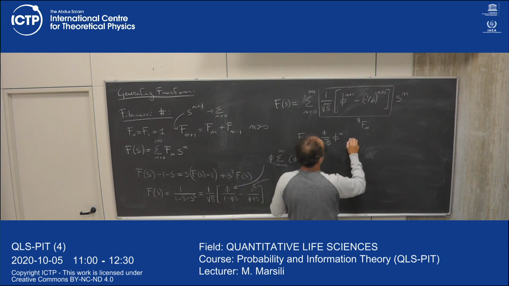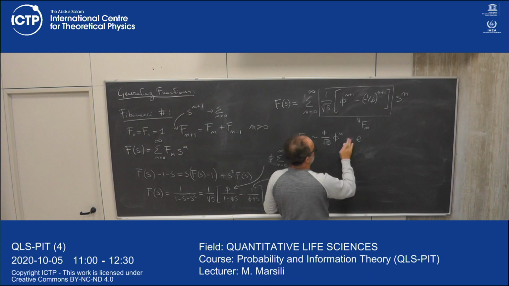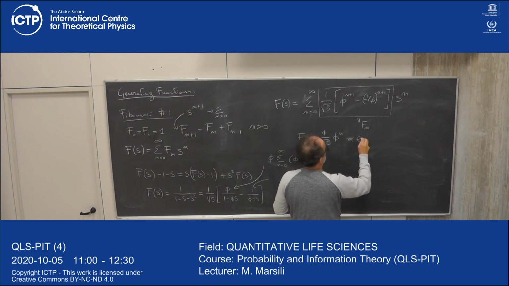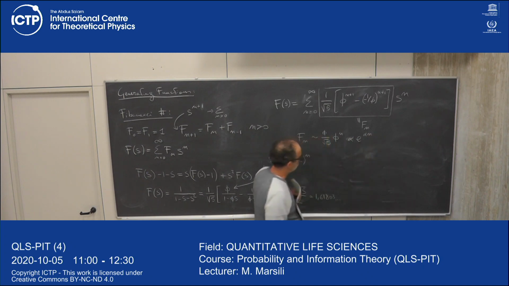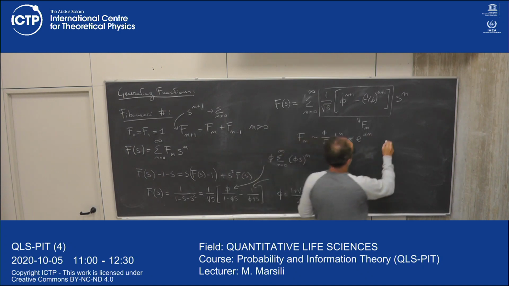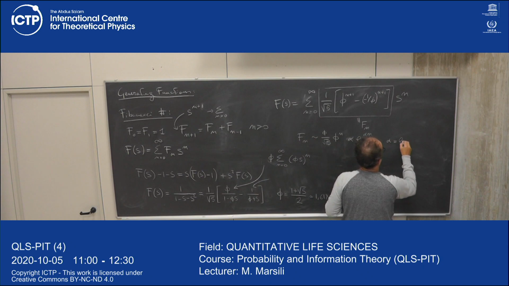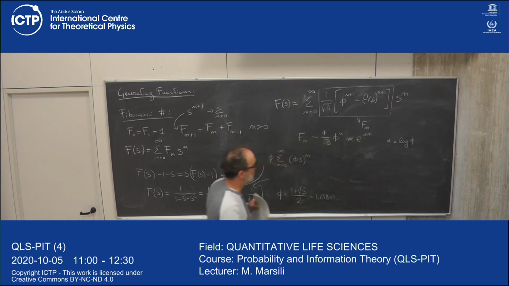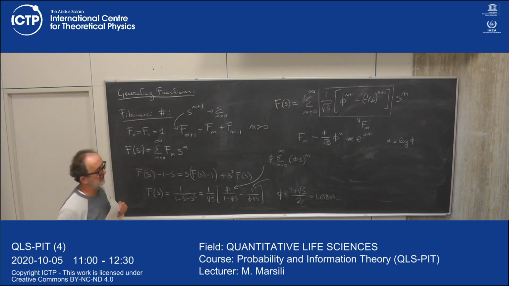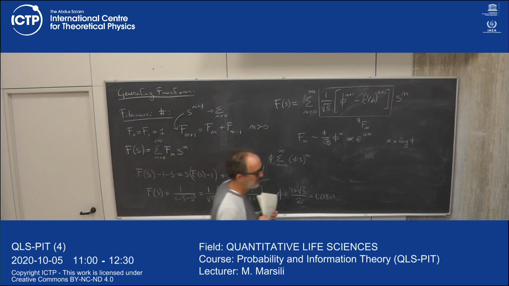So it's an exponential behavior, proportional to e to the alpha times n, where alpha is just equal to the log of phi. Okay, so these numbers grow exponentially, and we can compute the rate of exponential growth.